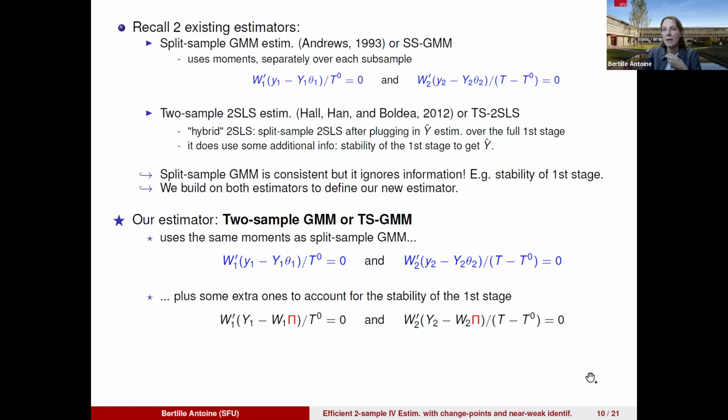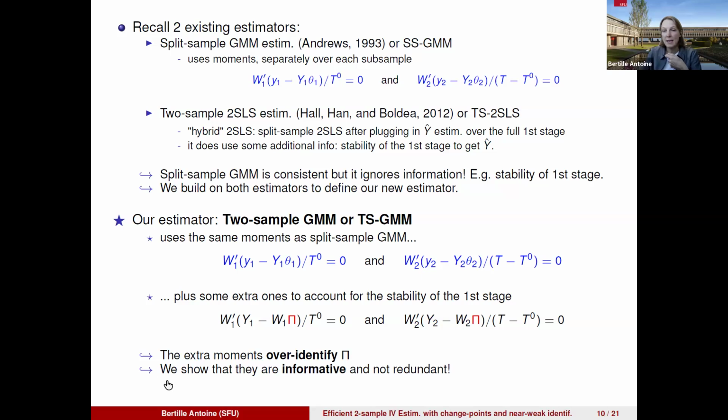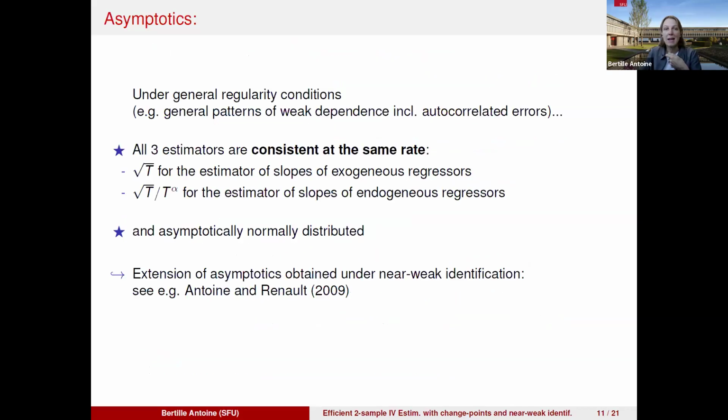And that's exactly the insight as to why things are working. So these extra moments now over-identify pi, and what we do end up showing with matrix algebra and the usual tools is that this information is not redundant. So effectively, we are able to show more efficiency.